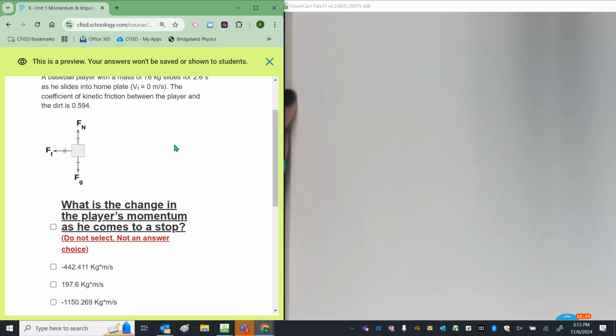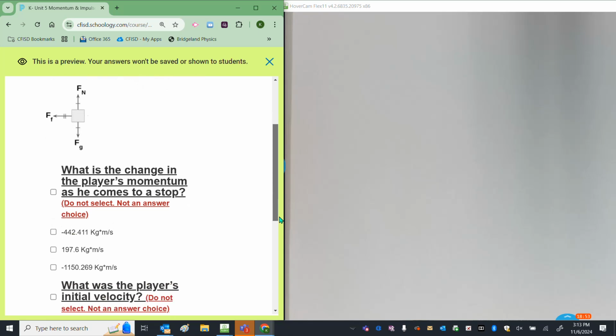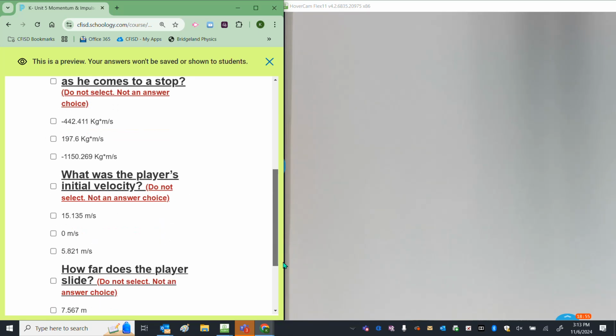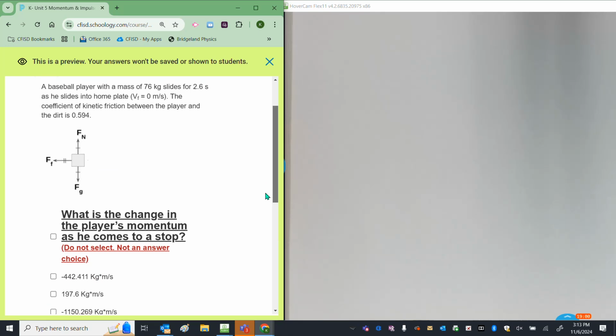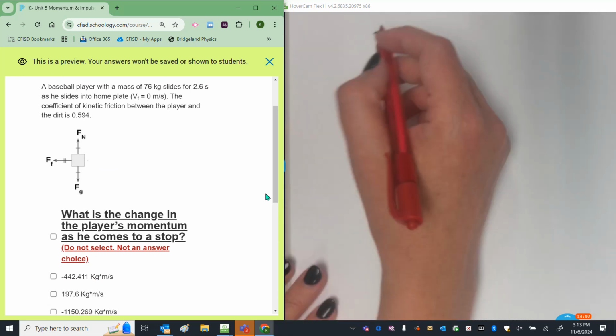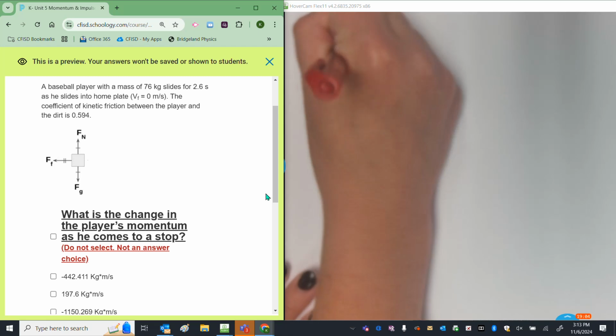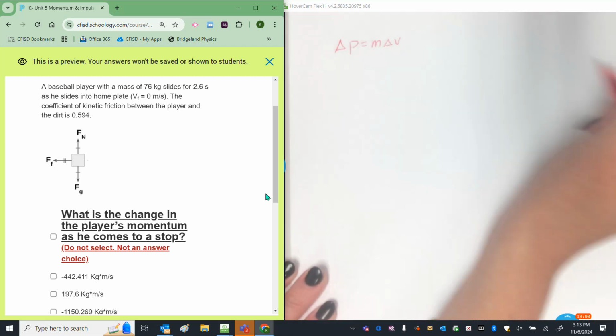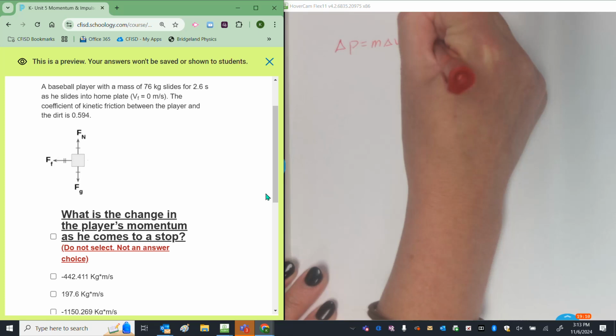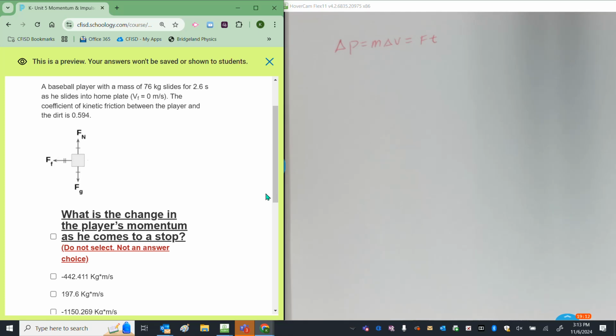All right, so what is the change in the player's momentum as he comes to a stop? This has multiple parts, just like your FRQ. Okay, so change in momentum is equal to mass times change in velocity. It's also equal to force times time, depending on what information I have. I could use either of those, because they're all equal to each other.